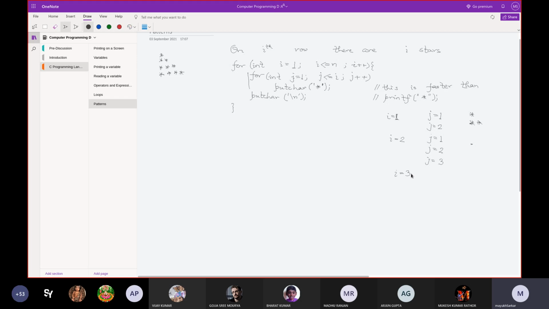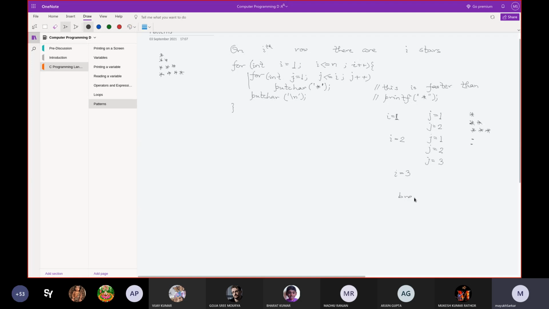i is equal to 3. So 3 stars here. For i is equal to 3, it is going to print i number of times, so 3 stars are going to be printed. Then another new line, and i gets incremented. Now if the user has provided n is equal to 3, that means they want to print 3 rows. So this complete loop is going to run 3 times, and it has executed 3 times.